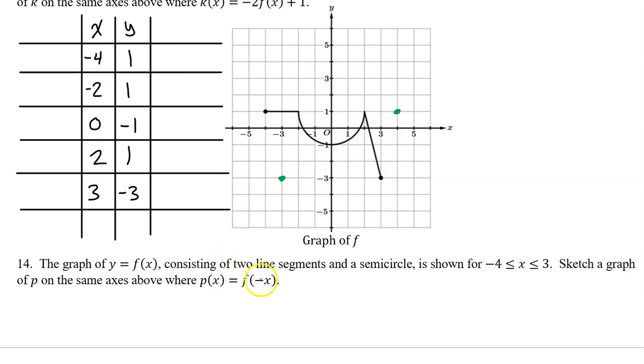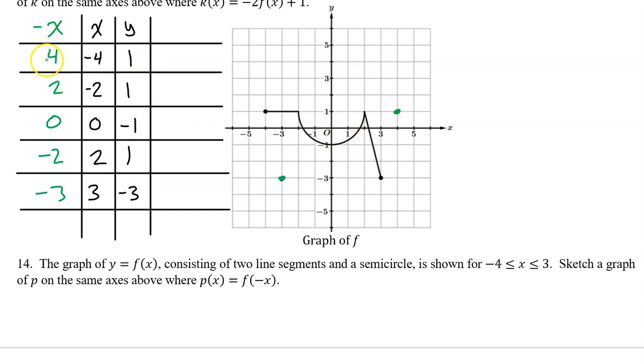So this transformation on the inside is only going to affect x values. So the y values will not change. The x values will simply be the opposite of whatever they were. So this will become 4 and 2. This stays 0, -2, -3. So we could just plot these points if you like to use a chart instead of just sort of eyeballing it.